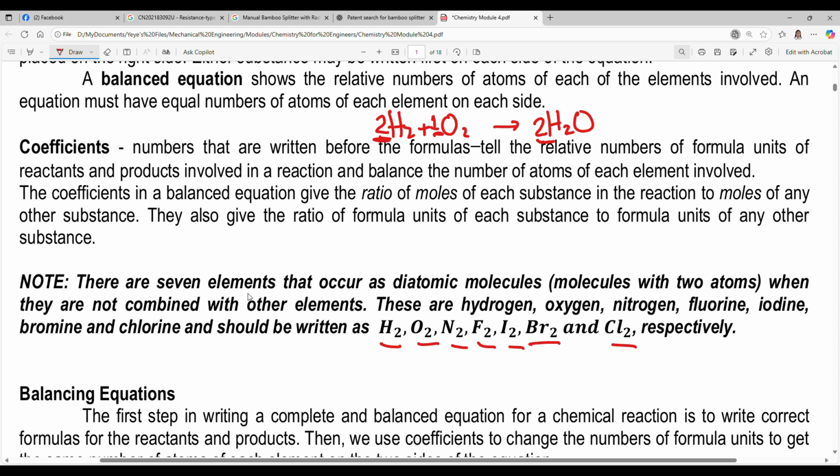That is why, if you observe, in writing the chemical formula for the reaction of hydrogen and oxygen to form water, hydrogen and oxygen have a subscript 2 because those elements occur as diatomic molecules. It is easy to remember: those with the ending -ine are diatomic molecules.